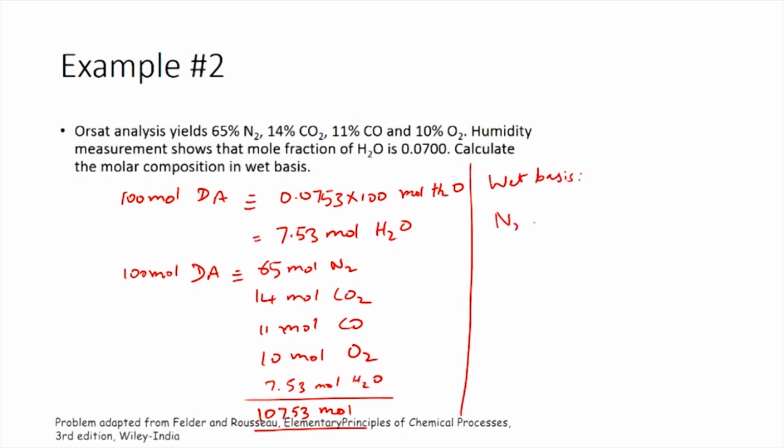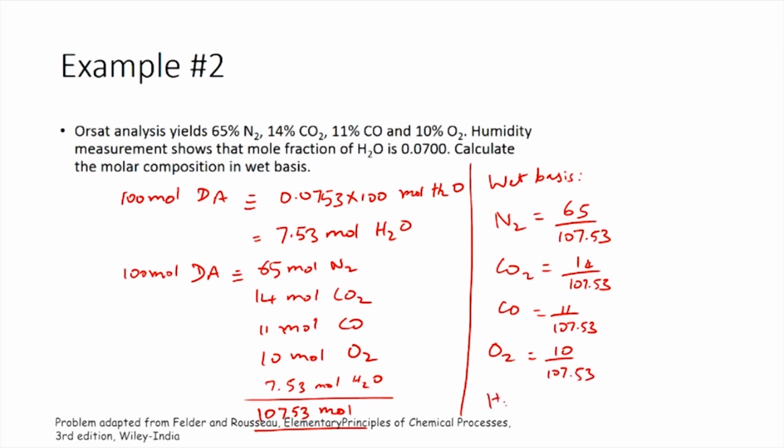You have nitrogen, which would be 65 divided by 107.53, carbon dioxide would be 14 divided by 107.53, carbon monoxide would be 11 divided by 107.53, oxygen would be 10 divided by 107.53, and water vapor would be 7.53 divided by 107.53. These fractions represent the mole fractions of each of the components on wet basis.